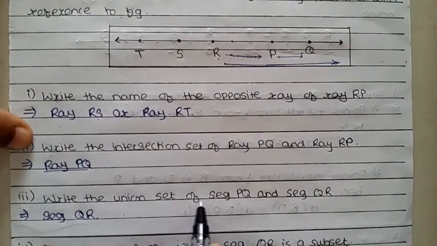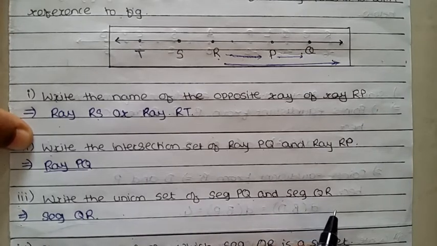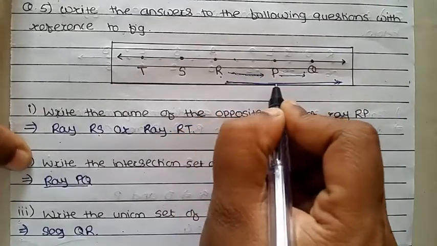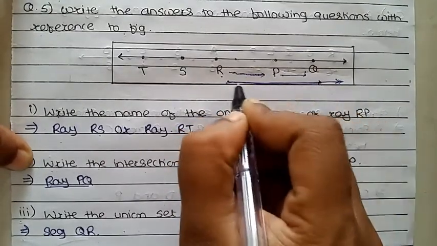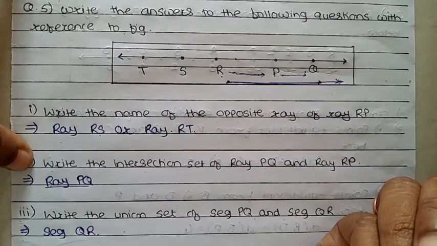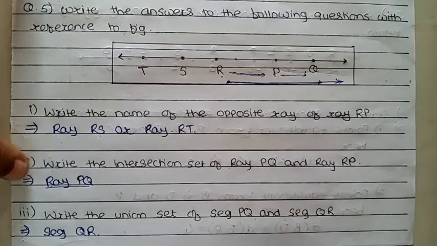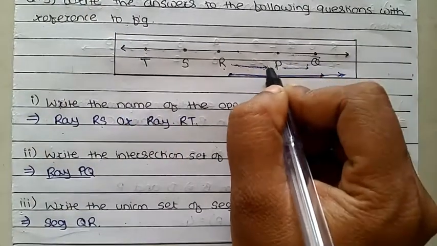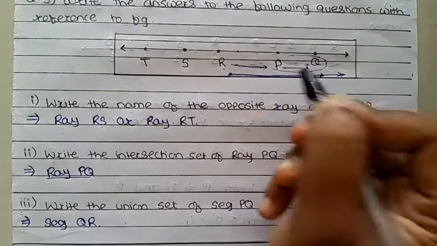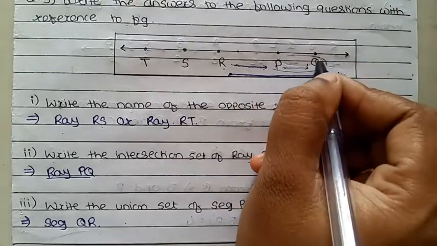Now next, write the union of segment PQ and segment RQ. We have to write the union of these. The first is segment PQ and the next is segment RQ, that means QR, the full one.